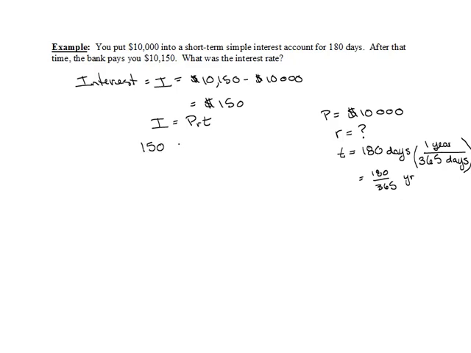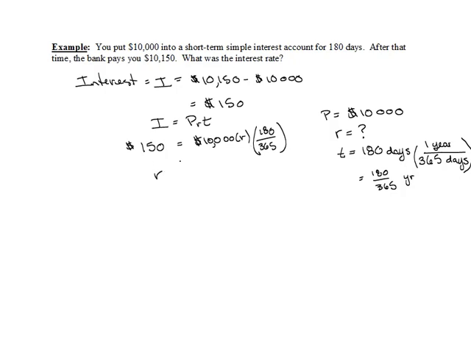So now my 150 is equal to, we've got dollars on both sides, $10,000 times R times my time, which is 180 over 365.